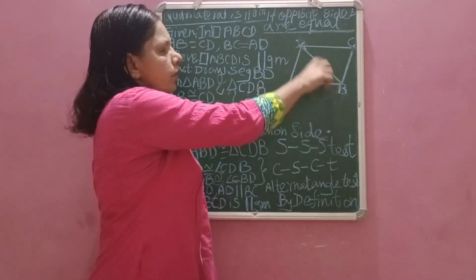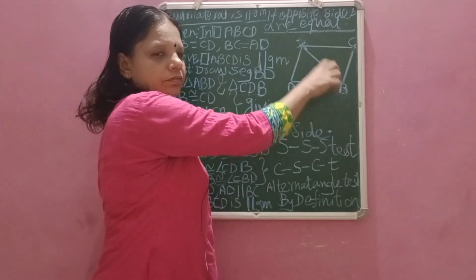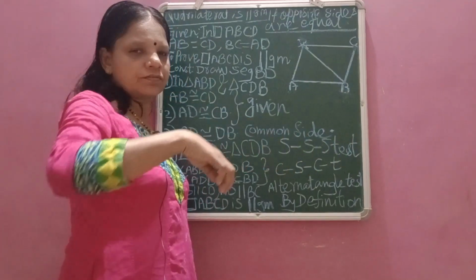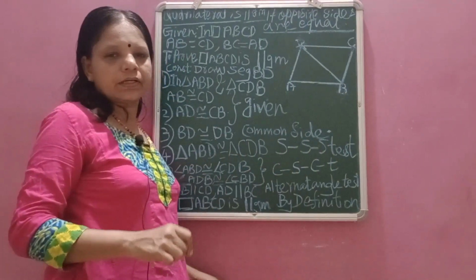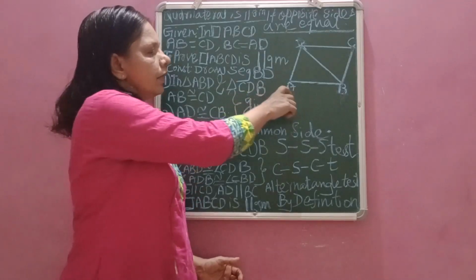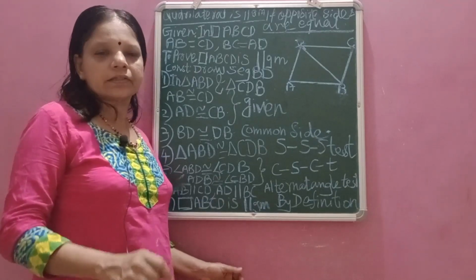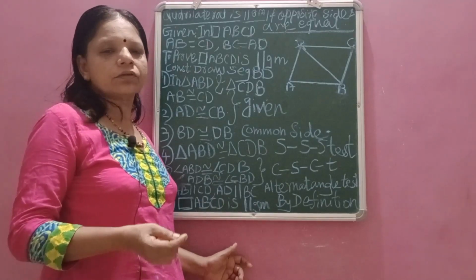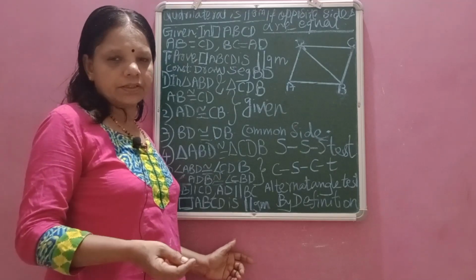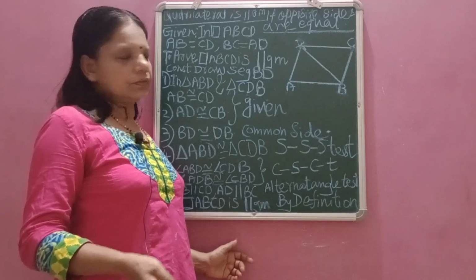They are the alternate angles for the lines AB and CD, and BD is the transversal. So we got a pair of alternate angles equal. Therefore, AB parallel to CD by alternate angle test or converse of alternate angle theorem.